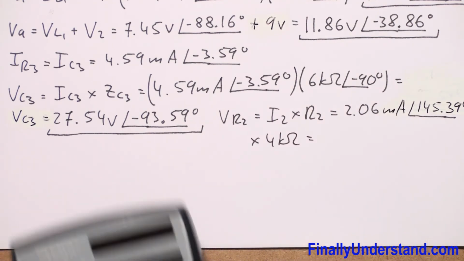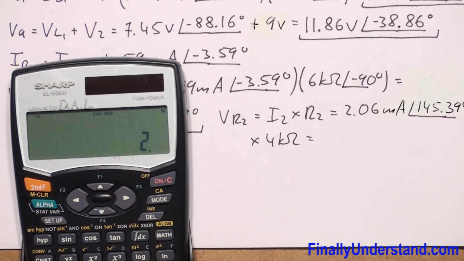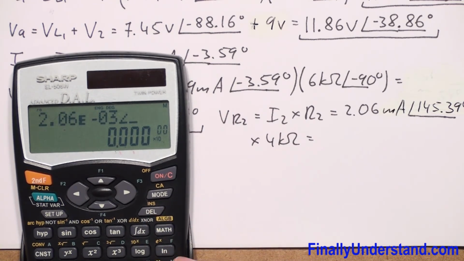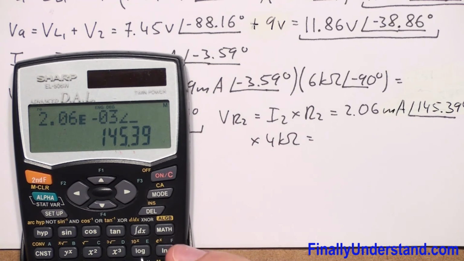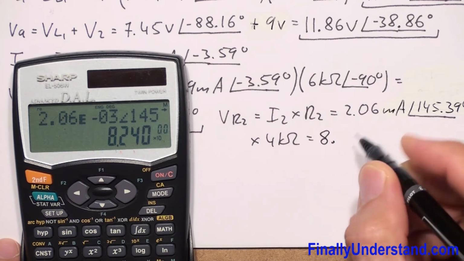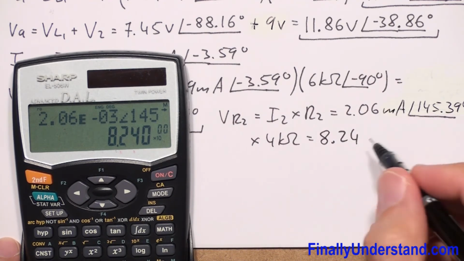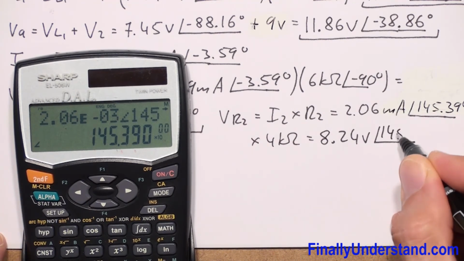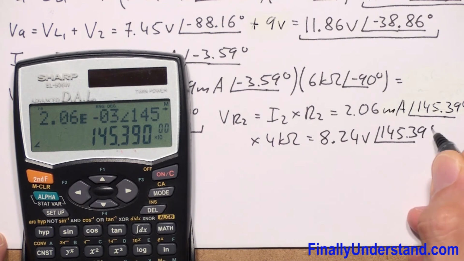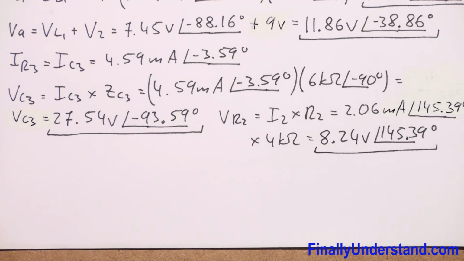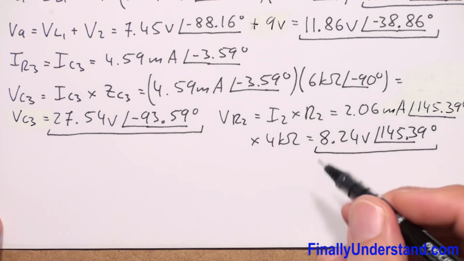So this is equal to 2.06 × 10^-3, I'm doing everything step by step, angle of 145.39 times 4 × 10^3 equals 8.24 volts and angle of 145.39 degrees. Okay, so this is my voltage across resistor R2.